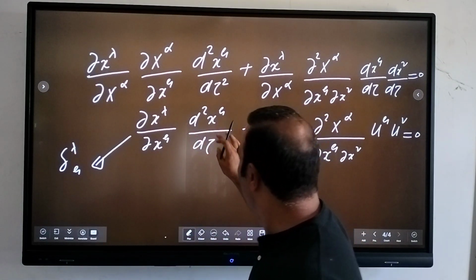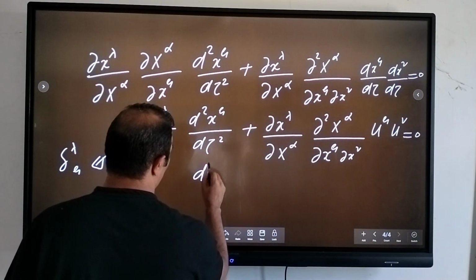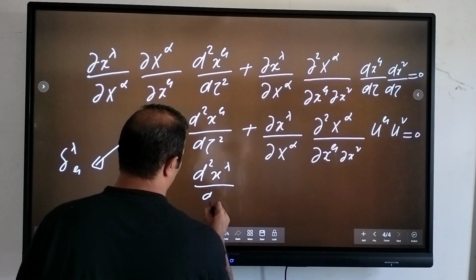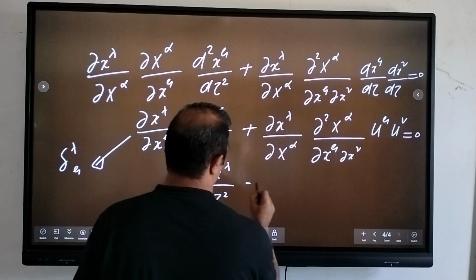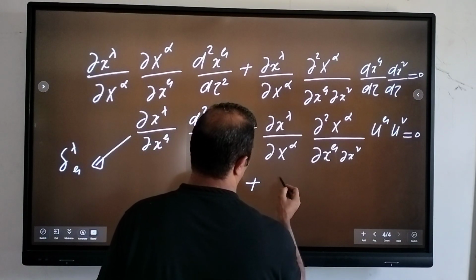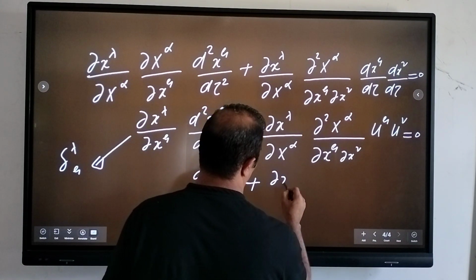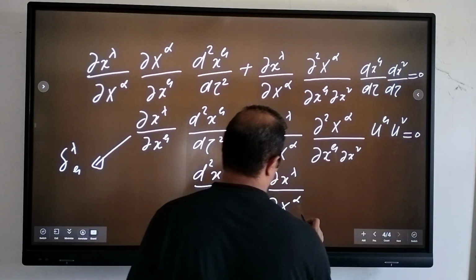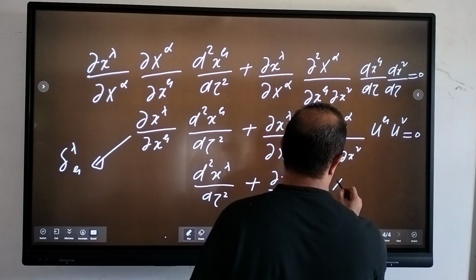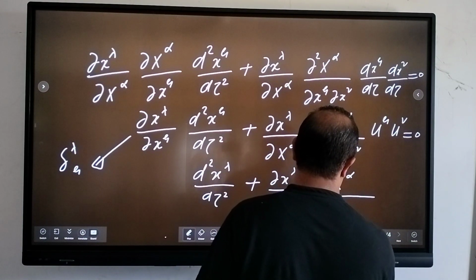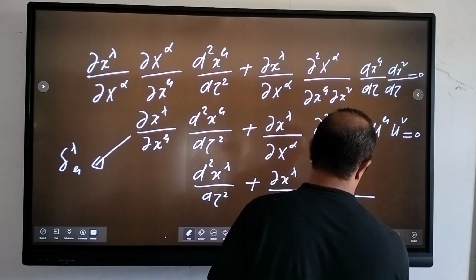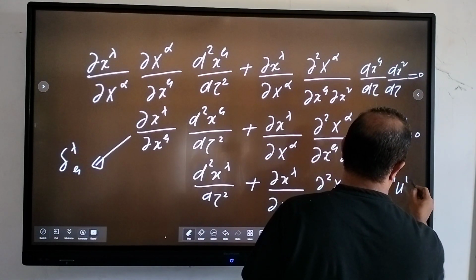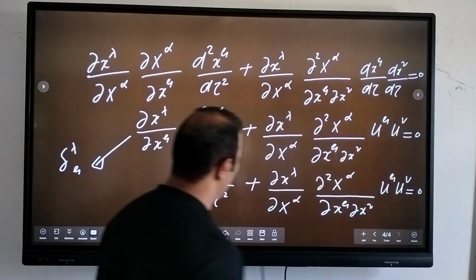So here it will be d2 x, and instead of mu you get lambda here, plus, that's equal to 0. Okay.